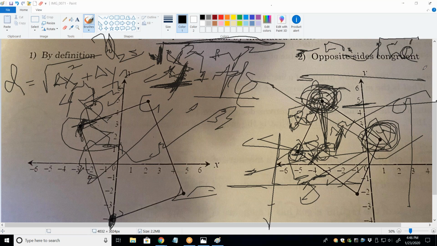So all I got to do is figure out how to get out of this. Well, let me start by changing the drawing tools. Let's see if that does anything. Wow.